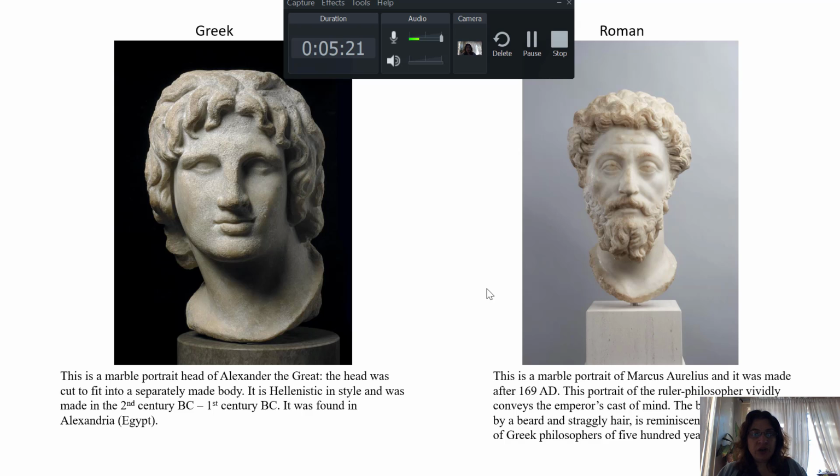They're both fairly attractive, they're not hideously ugly, and both are symmetrical in the way that they are carved in the marble. If you were to divide the head in half this way, the two halves look symmetrical, and we can say the same with the portrait of Alexander.